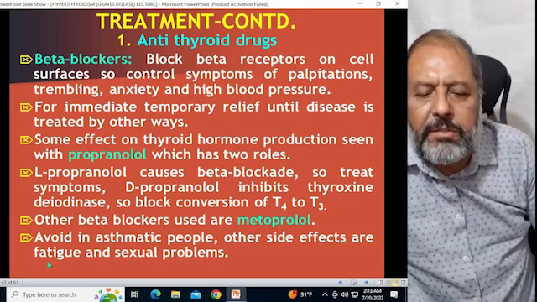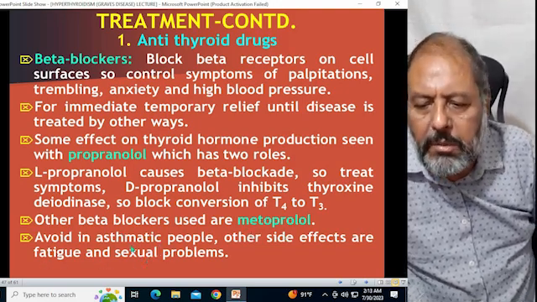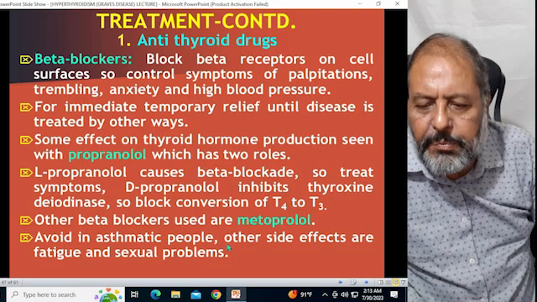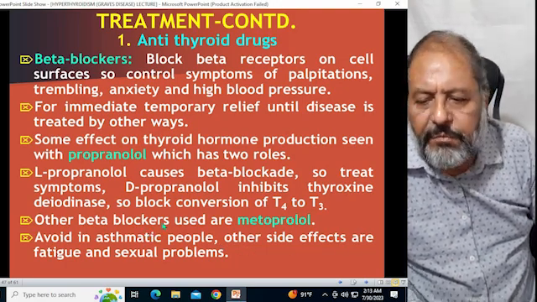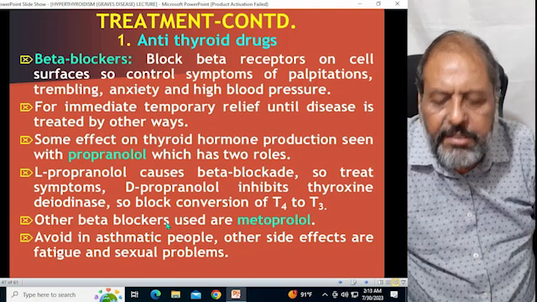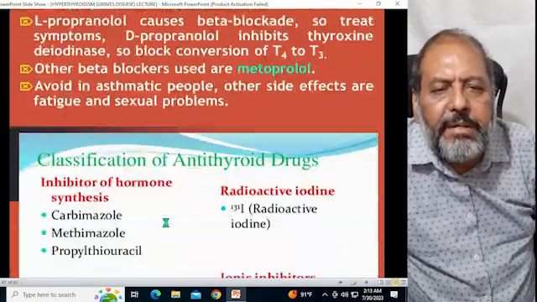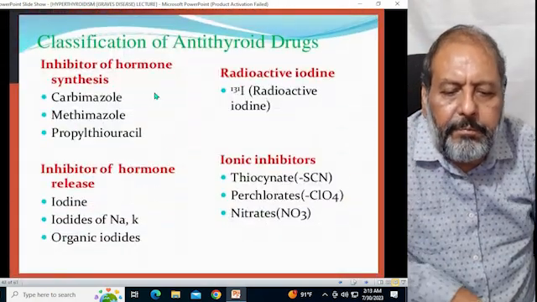Other beta blockers used are metoprolol, and one has to avoid these beta blockers in asthmatic people. Other side effects are fatigue and sexual problems if used for a longer time.